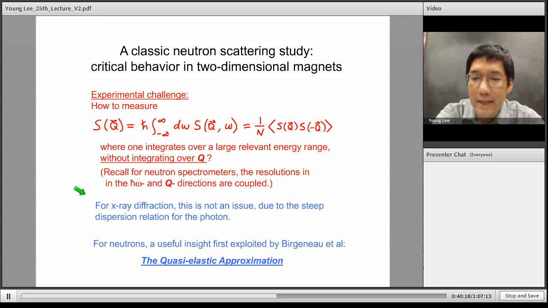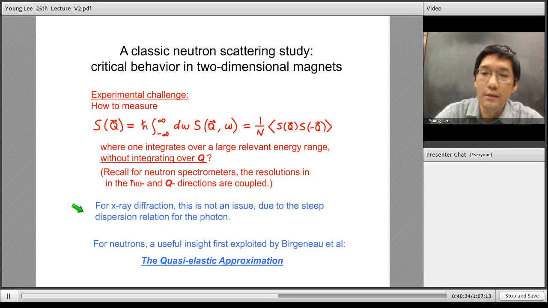You essentially automatically integrate over energy, and that's because X-rays or photons have a very different dispersion relation than neutrons do. Since the dispersion for the photons is so steep compared to magnetic spin wave dispersions or phonon dispersions, you have a very broad energy resolution, and you're essentially integrating over energy, maintaining a good Q resolution.